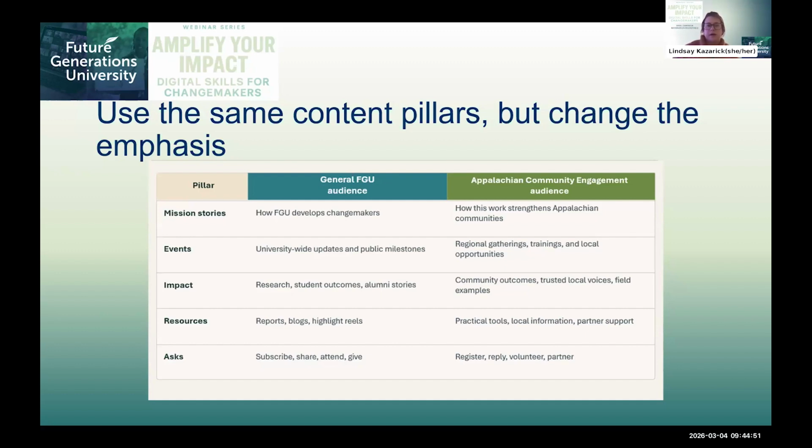How we talk about impact: we talk about our research, our student outcomes, and our alumni stories at the university level. But at the Appalachian community level, we're looking at our community outcomes. We are talking about our trusted local voices, so that's our partners sharing what our partners are doing.